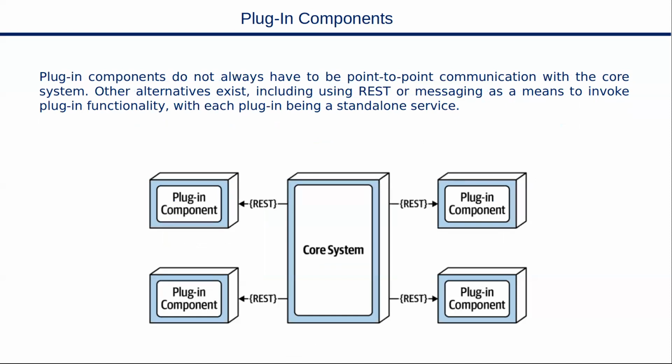Also, plugin components do not always have to use point-to-point communication with the core system, and it will still be the microkernel architectural style. Another way is to use REST or messaging as a means to invoke plugin functionality, with each plugin being a standalone service.